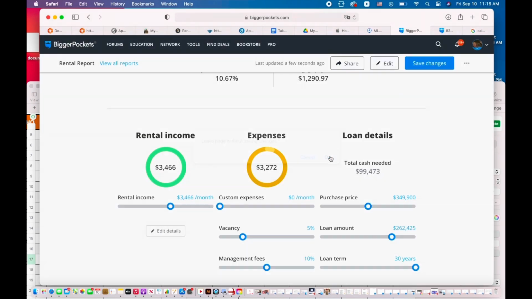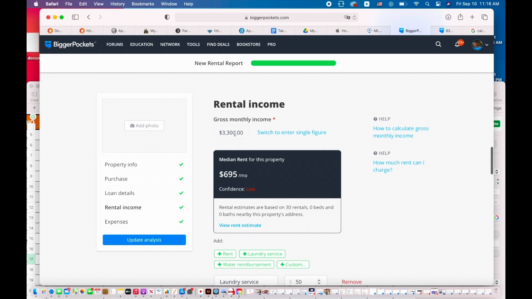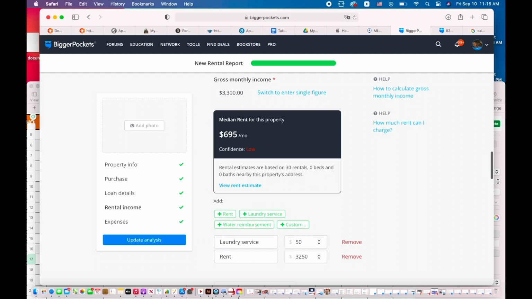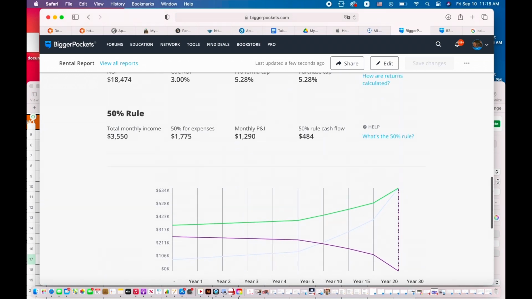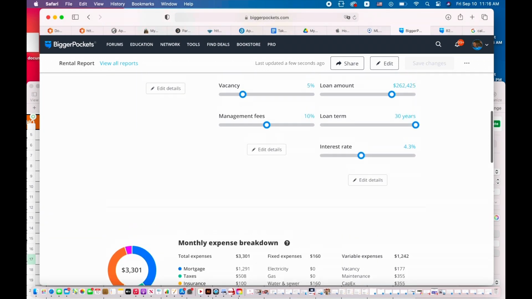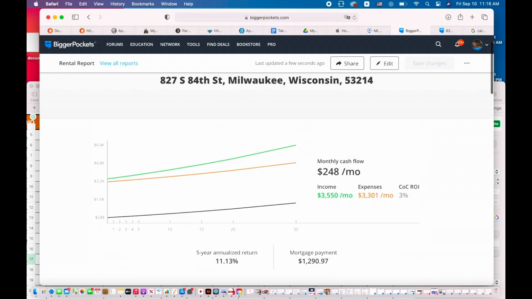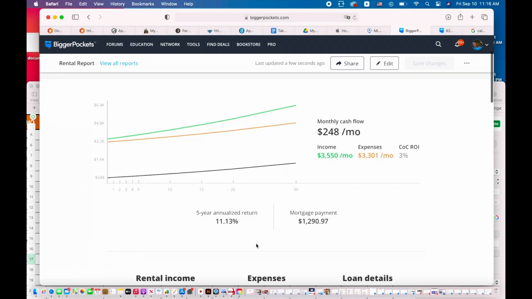But I remembered that I could potentially raise the rents to $3,500. So I plugged those numbers in just to see what the return could potentially be. And I think it ended up being about 3%. Now, you can play around with the numbers, see what it's like if you were to do seller financing or maybe use private money. You can just play around with it.